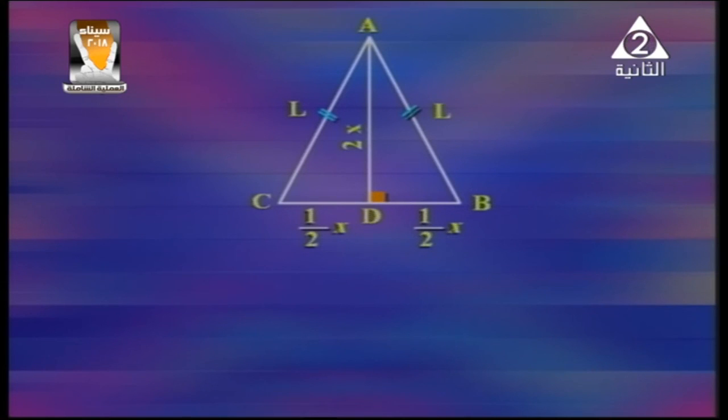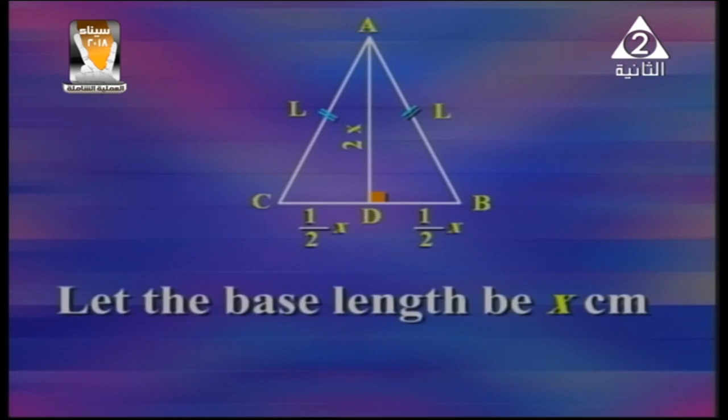Then BD equals half BC, which is half x, and the relation between AD and BC is 2 to 1. If BC equals x, then AD equals 2x.